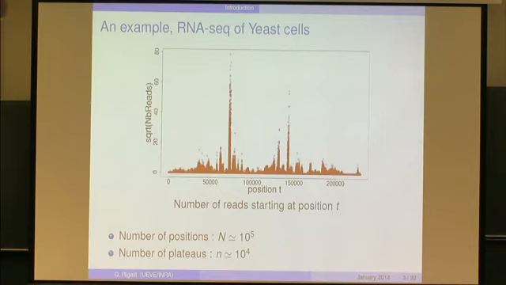The key feature that I want you to see on this particular profile, which is very striking in this example, is this. If you look from this point to this point, the signal is flat, meaning that you get a stretch of values where you get exactly the same measurement.